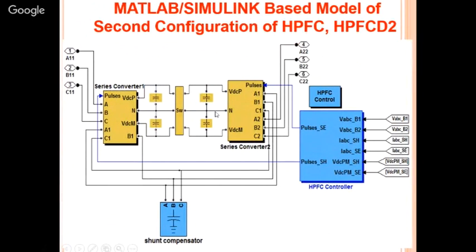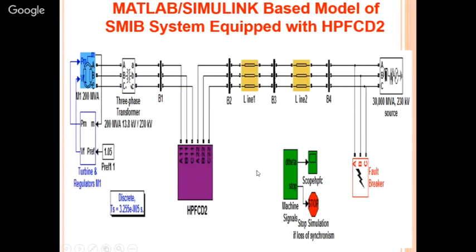Now, this is a second configuration in which we have replaced our SVC with a shunt compensator. Our next expert has come, so I will just hurry up. In this case, we have replaced the SVC with a shunt compensator, applied at the receiving end itself on the single machine infinite bus system, similar to the SVC.